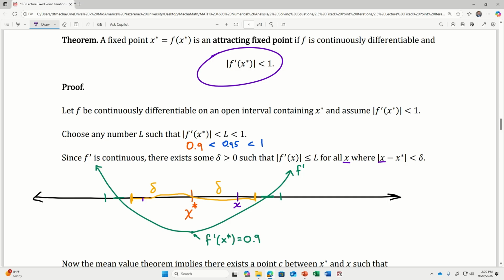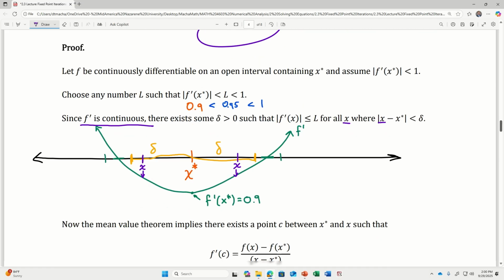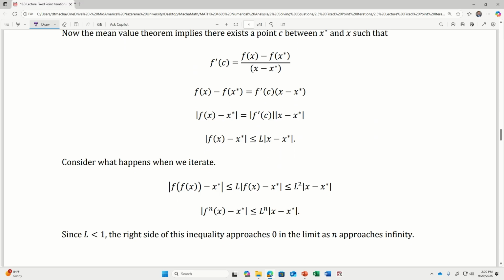There could also be a point here, where the distance from there to the fixed point is less than delta. And for these points, it's also true that their derivative is less than 1, like in the picture. And again, that's true because the derivative is continuous, so it can't jump around on us. It's got to remain connected.